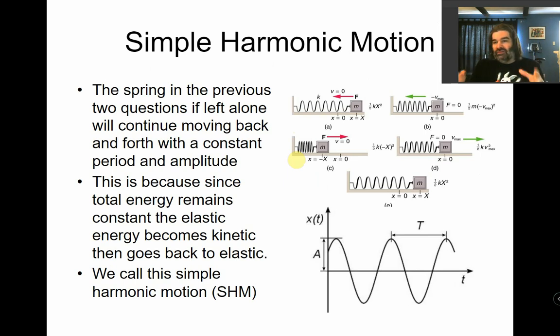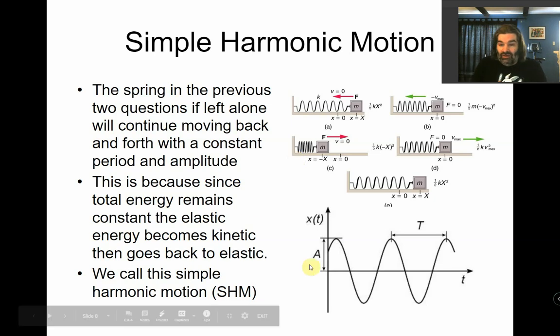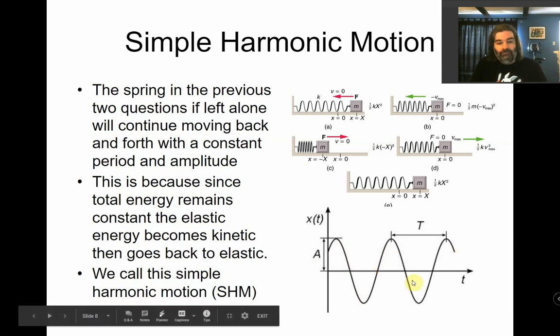If we left that spring alone, it would bounce back and stretch, converting all the energy back to kinetic, then as it started stretching, it would convert it back to elastic again, and bring it all the way back. You would eventually get it oscillating back and forth in a steady state in simple harmonic motion that, if you were to graph it, the position would look like a sine or cos wave, which is kind of cool.